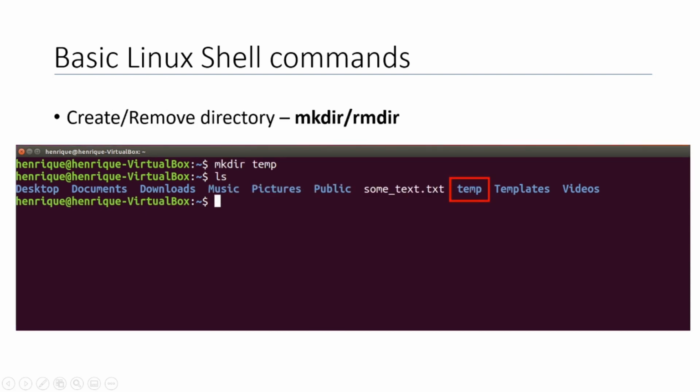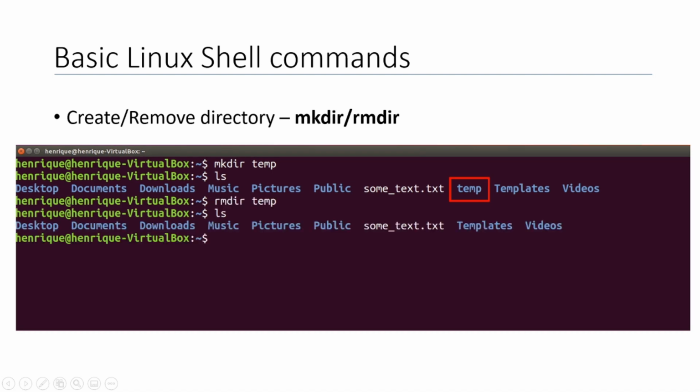Another two common commands is the commands to create and delete directories. So for example, if you want to create a directory, you can just write mkdir and the name of the directory, and it will create that new directory. Then to remove it, you do the same.